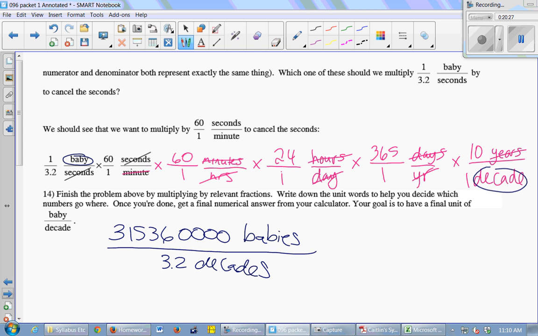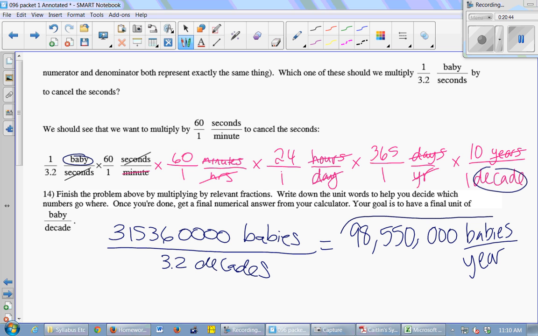Okay, and then we simplify that fraction down to 98,550,000 babies per year. So the answer typed in underneath is wrong. Okay, so change it, make it right.